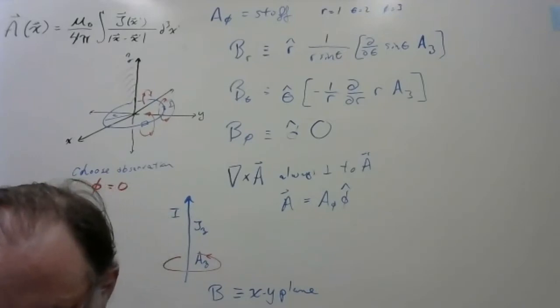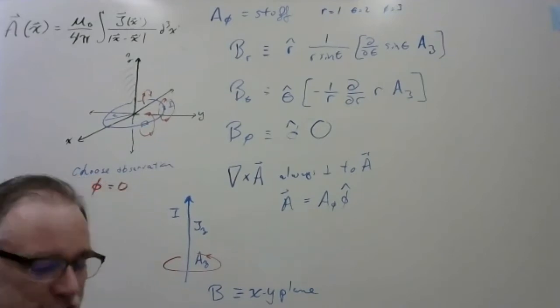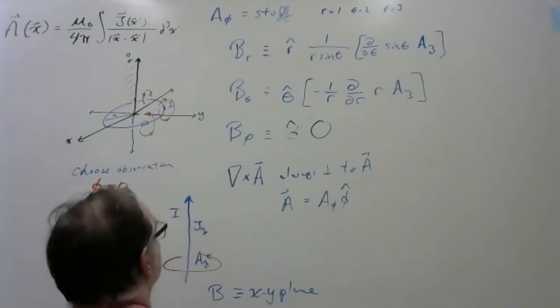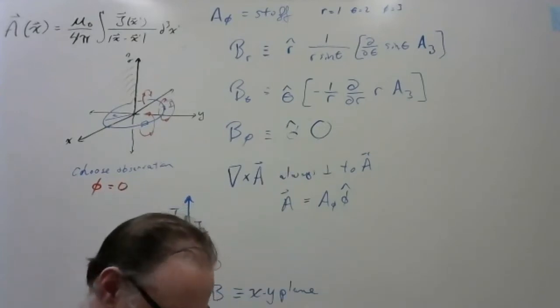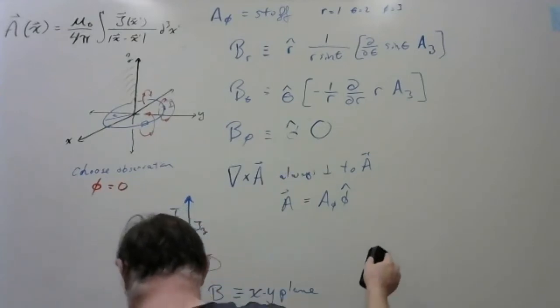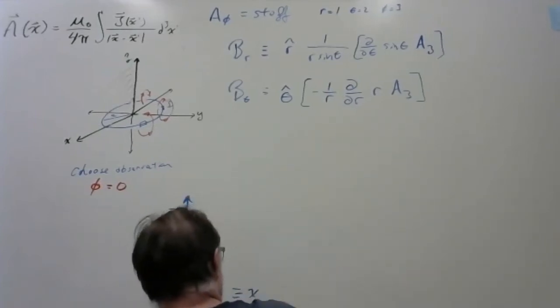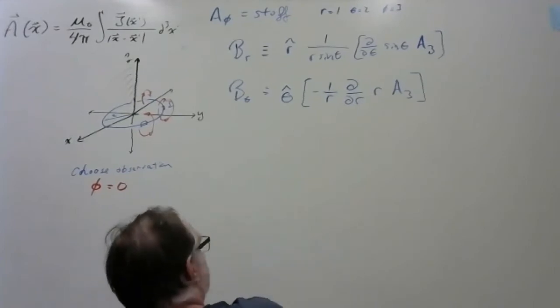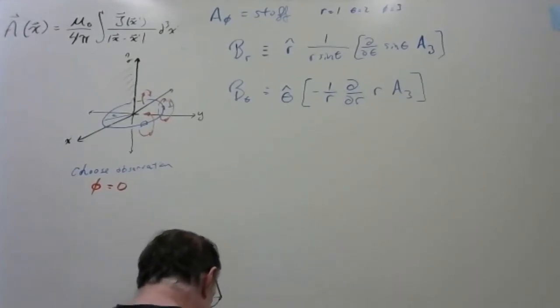All right, so turn back over here. Now we'll look to see what we have. I'm going to erase all of this stuff up here. So we plug in our stuff, take these derivatives, and here's what we get.